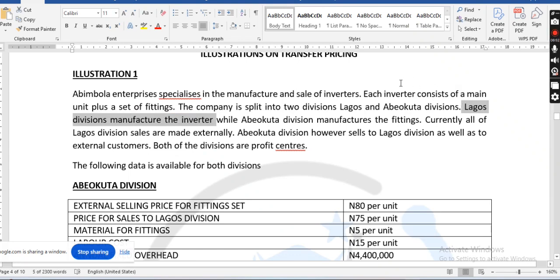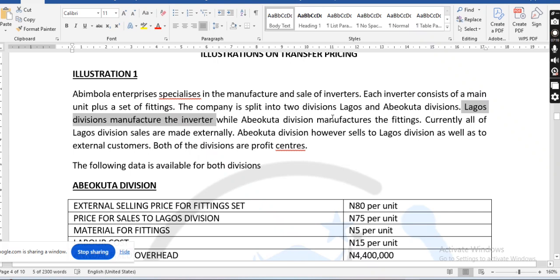Don't forget, at the beginning, we were told that each inverter consists of a main unit plus a set of fittings. The inverter will contain fittings. They manufacture inverters and sell inverters.